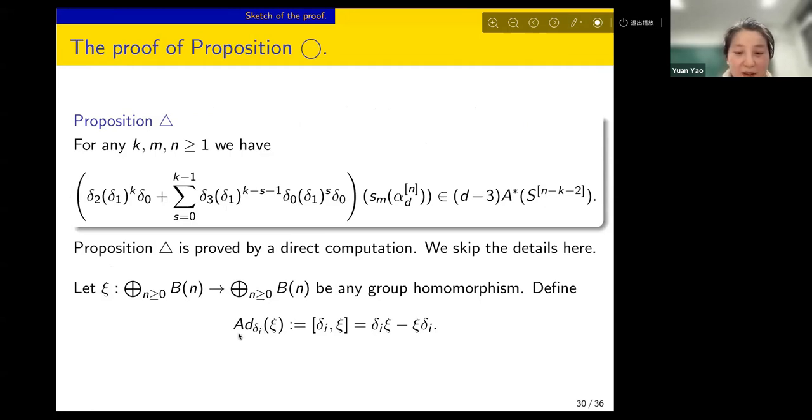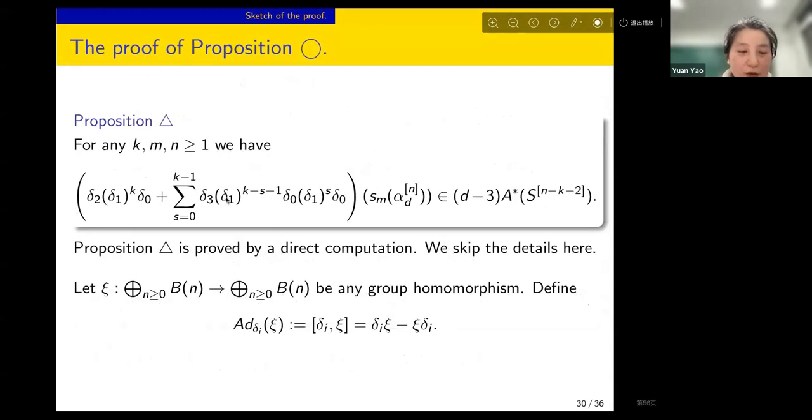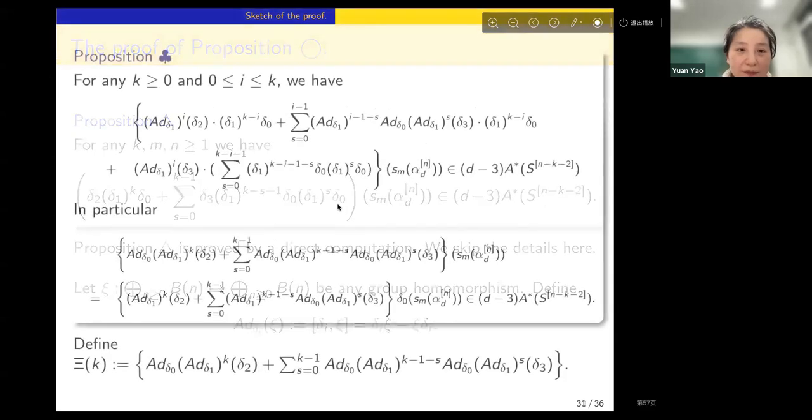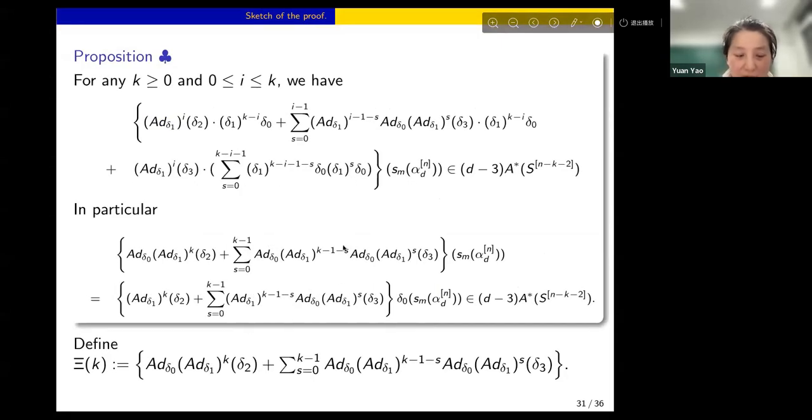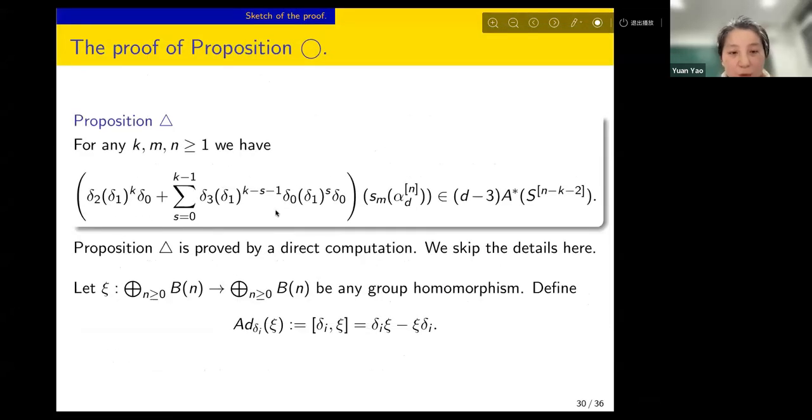We use these Lie group, Lie brackets to do the commutators. You make all these things into commutators, and still the statement holds. So you replace this by all the commutators, and it still holds.